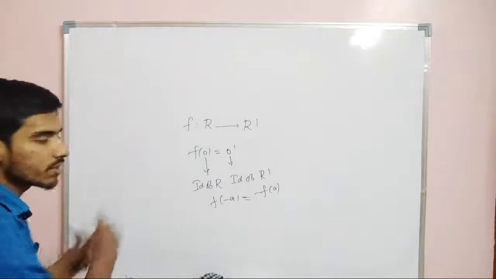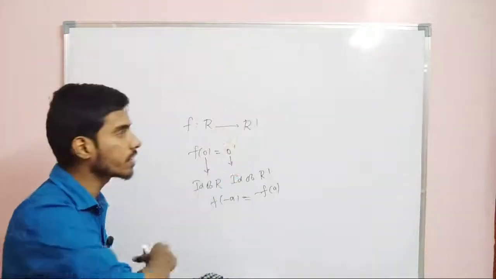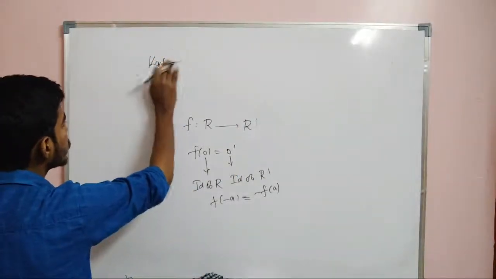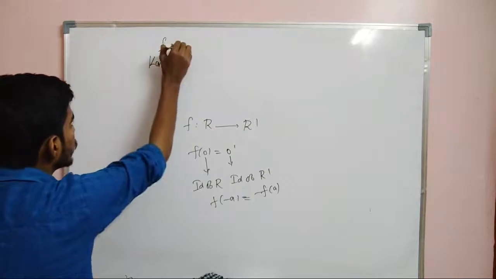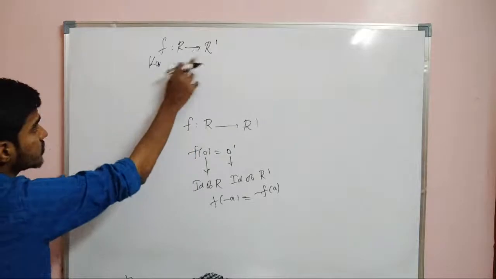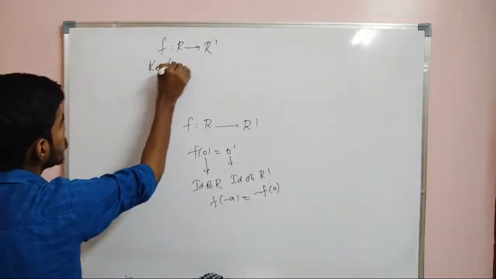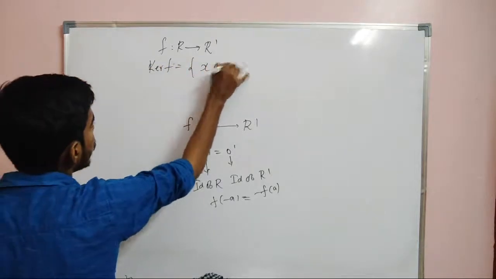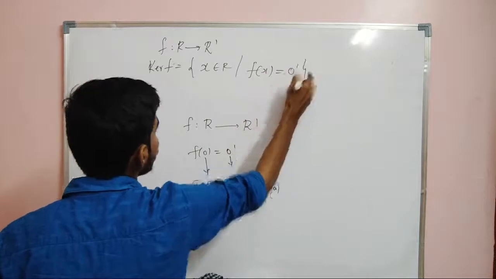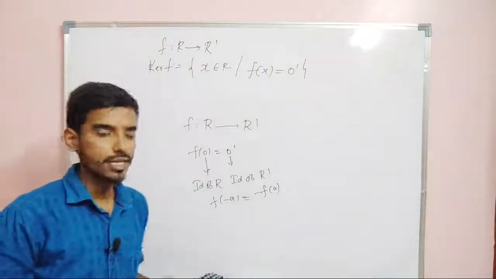Kernel is the set of all elements that are mapped to 0', that is the identity element in the codomain. So if f is a homomorphism from R to R', these two are rings, then the kernel of f is the set of all elements in R such that the image of that element is 0', where 0' is the identity of R', the same as we defined for group theory.